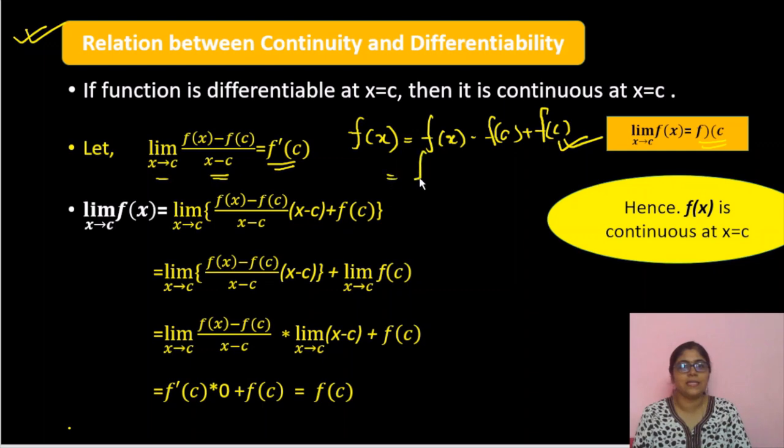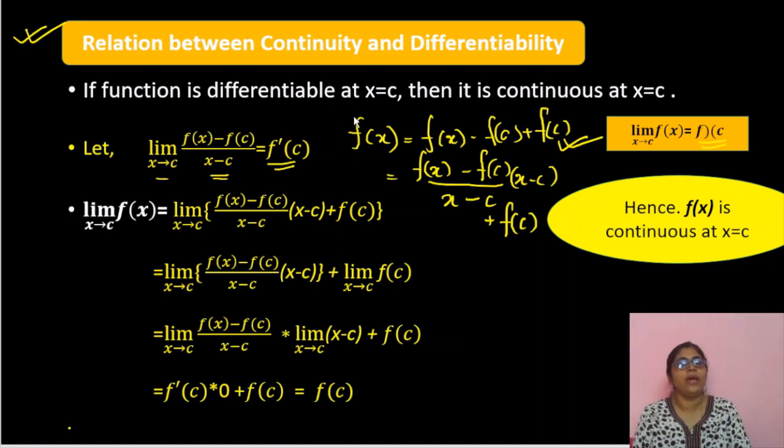Now let's multiply by (x - c) and divide by (x - c), and add f(c). So by taking the limit on both sides, this is the condition now: limit of f(x), x tends to c, is equal to limit of (f(x) - f(c)) / (x - c) into (x - c), plus f(c). So this line is similar to this. I have just written it here so that you can understand easily.